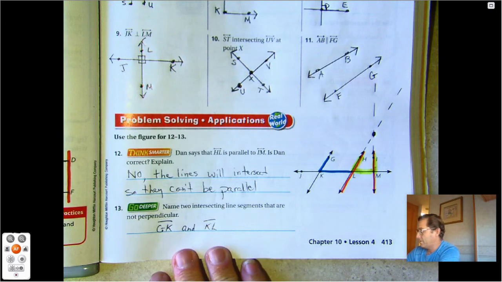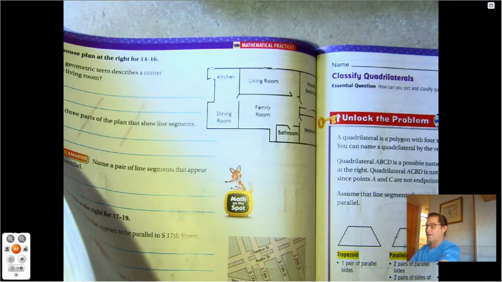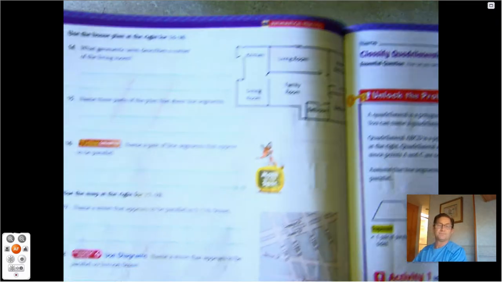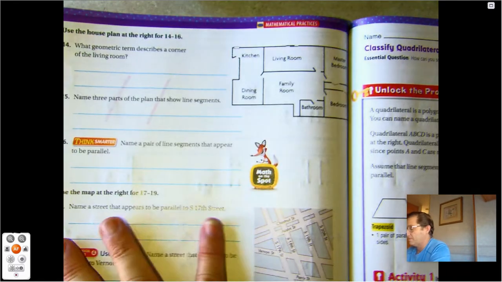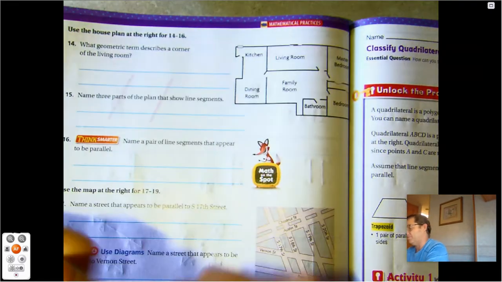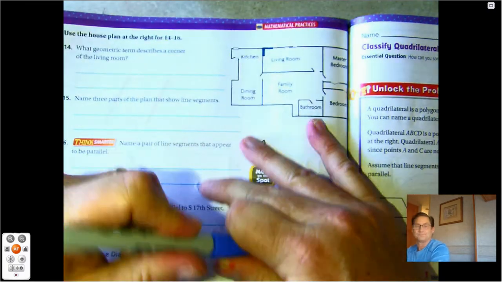All right, 414. What geometric terms describe a corner of the living room? Corner of the living room. So what is that?